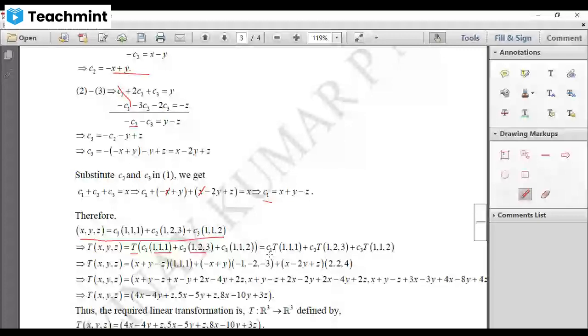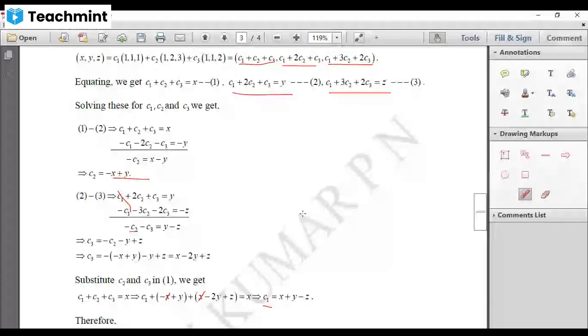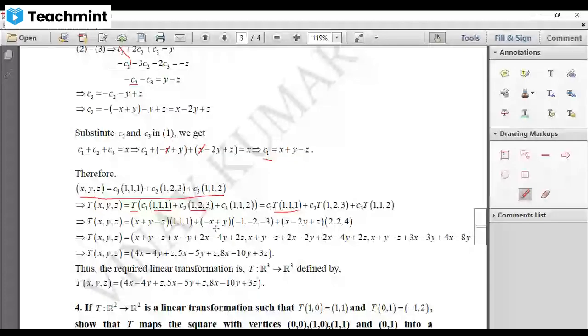But we know what is C1 and what is image of 1 comma 1 comma 1, C2 and image of 1 comma 2 comma 3, and C3 as well as image of this. Substitute all of them. C1 is this, substitute it. Image of 1 comma 1 comma 1 is given, it is 1 comma 1 comma 1, plus C2 is minus x plus y.